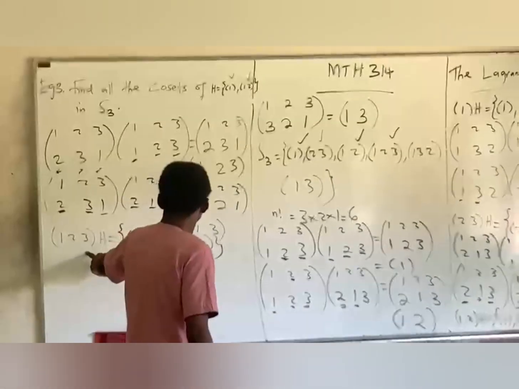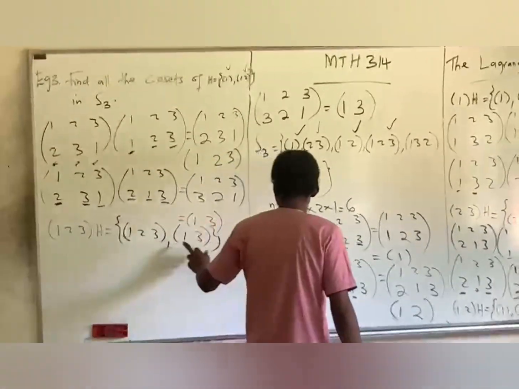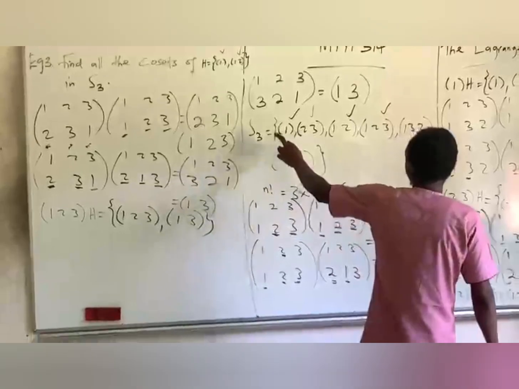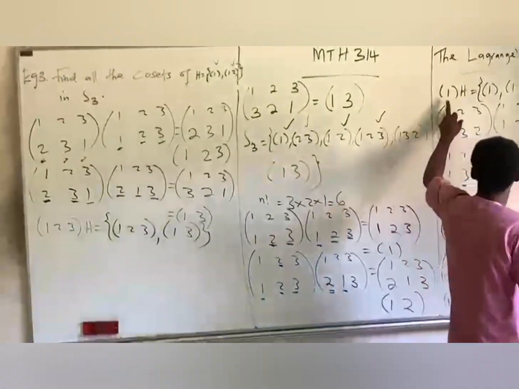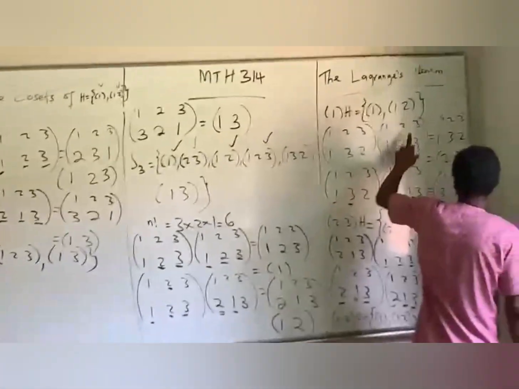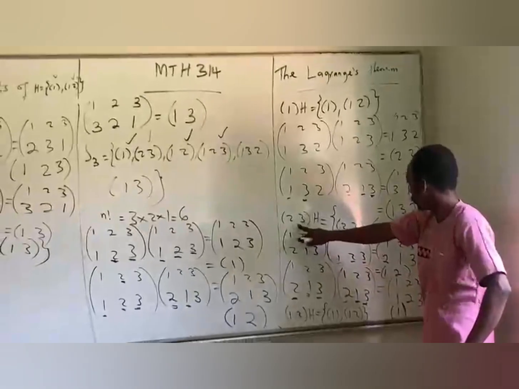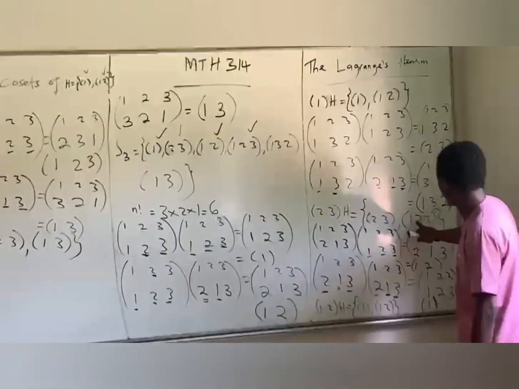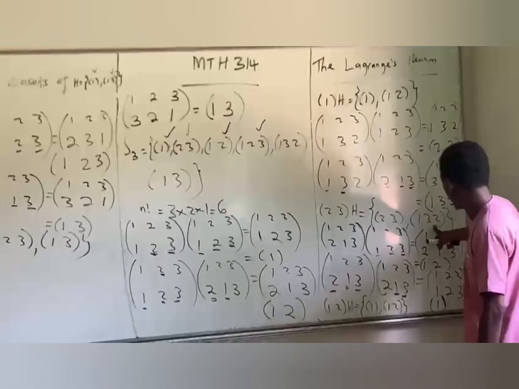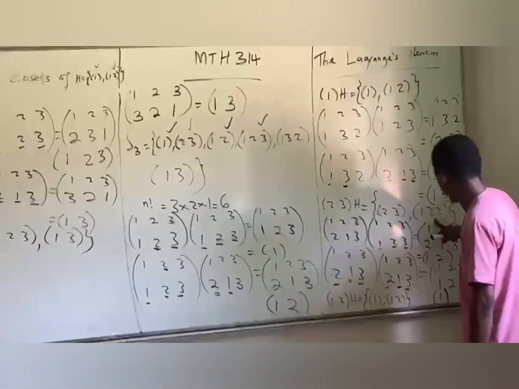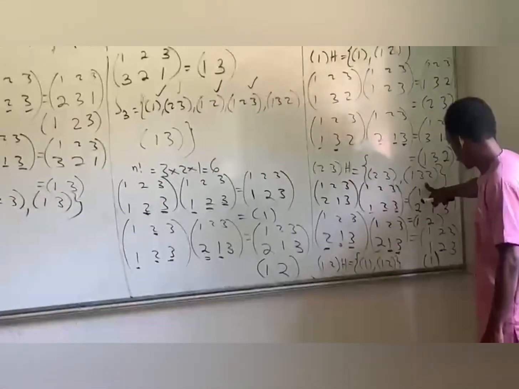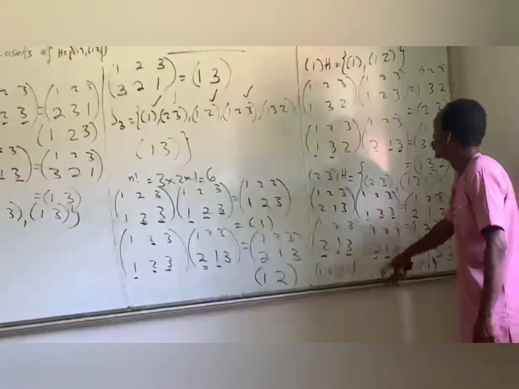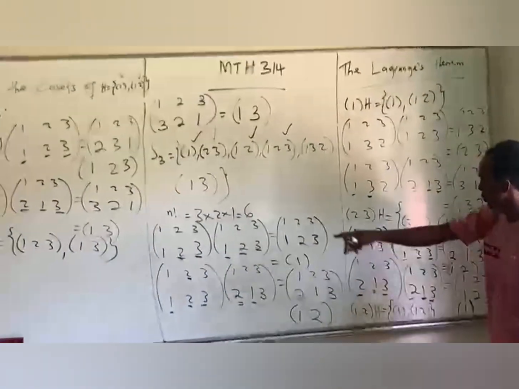We had 1 by h, and 1, 2. What is the other one? 2, 3 by h. We had 2, 3, 1, 3, 2. Then here, 1 and 1, 2. This one was repeated. So we are finished.